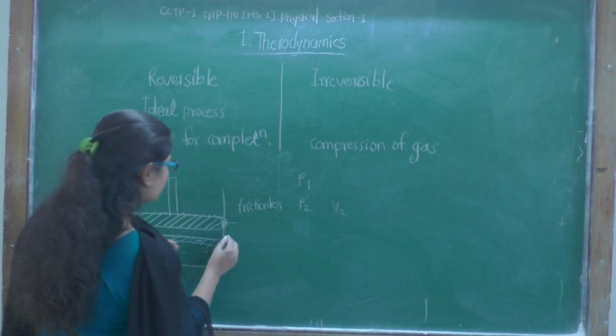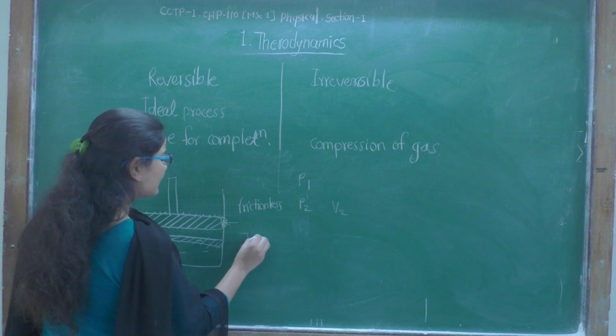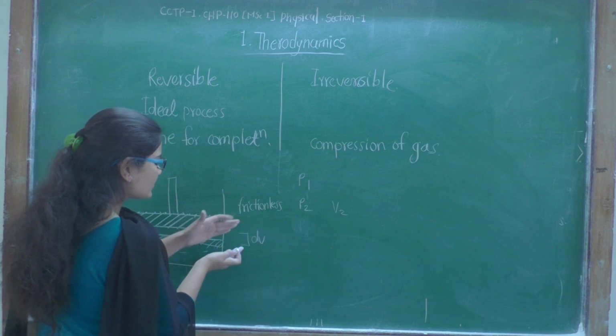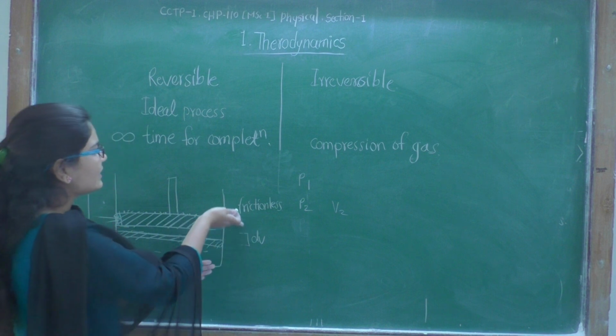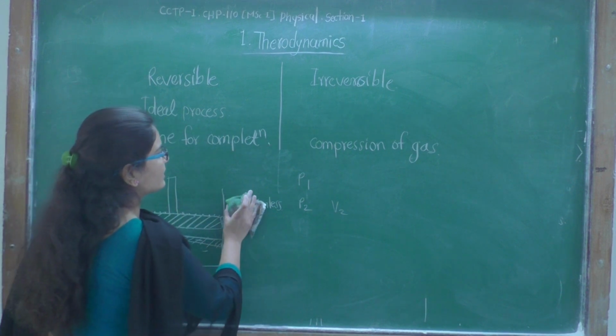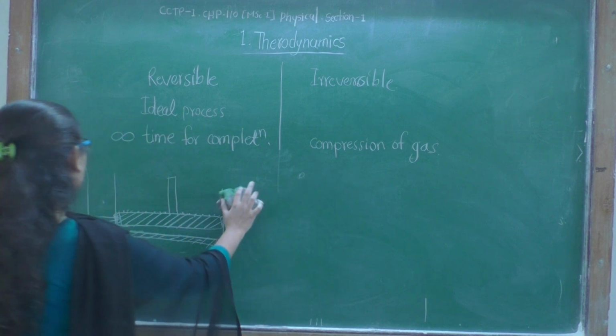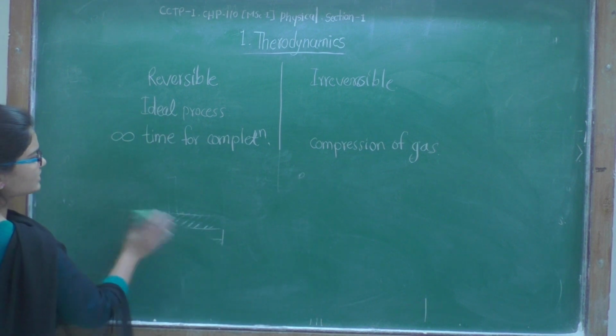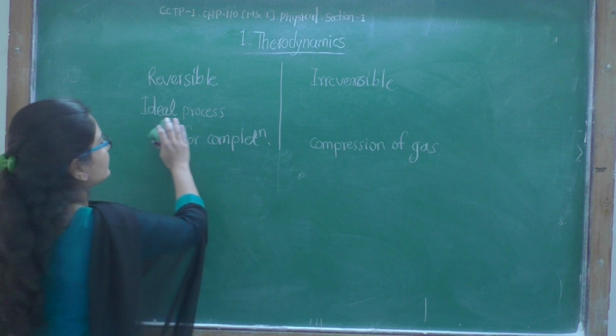That means we can regain the state. This change we can revert. This process can go in the backward direction also. Such a process is called a reversible process.